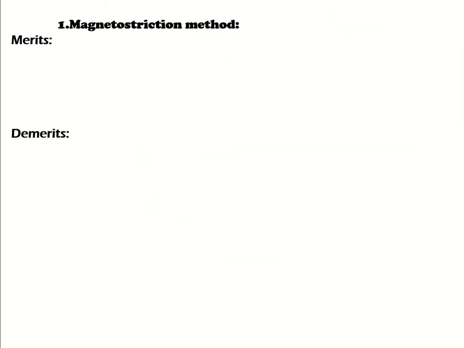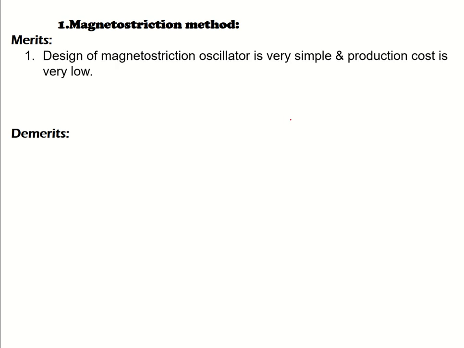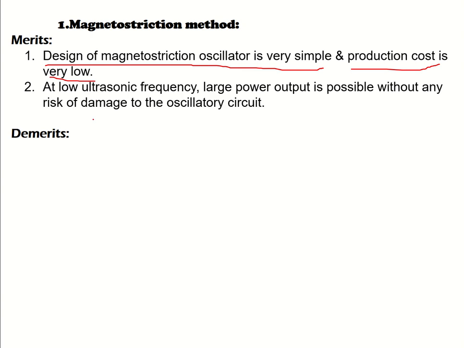Now let us see the merits and demerits of the magnetostriction method. The first merit is the design of the magnetostriction oscillator is very simple and its production cost is very low. The second merit is at low ultrasonic frequency, large output power is possible without any risk of damage to the oscillatory circuit.